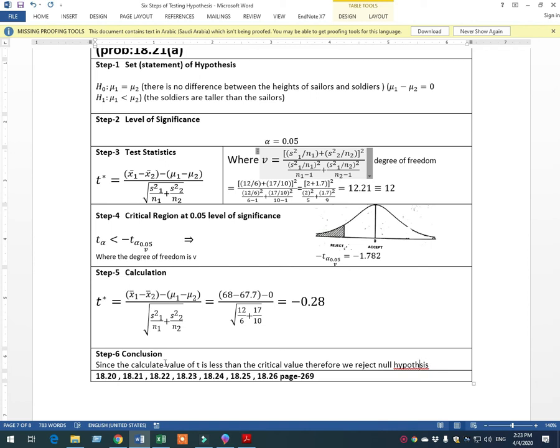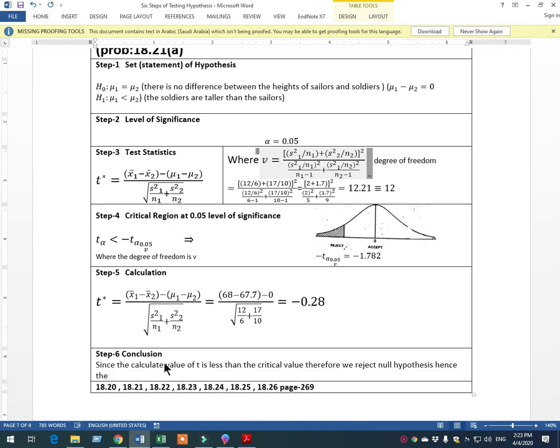And what is the null hypothesis? That the two means are the same, so it is rejected. Hence the height of soldiers, I'm sorry, I've again put it wrong, okay, the height of the soldiers is found taller than the sailors.